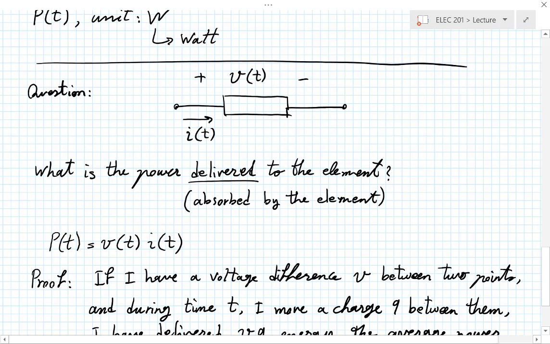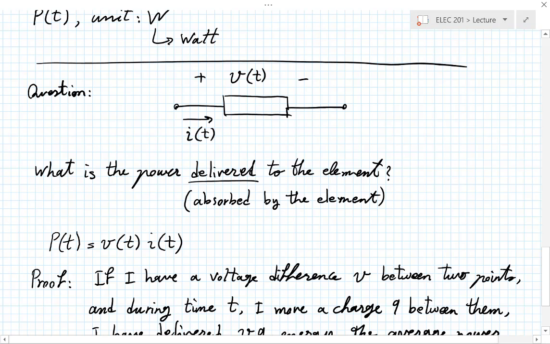Yeah, so think about it like this in this particular case. Assume V is positive and I is positive, right? So I being positive means you have positive charge going from left to right. Now if the left side is positive in voltage compared to the right side, and positive charge is going from the left to the right, it means that charge is being accelerated by the field or by that voltage difference.